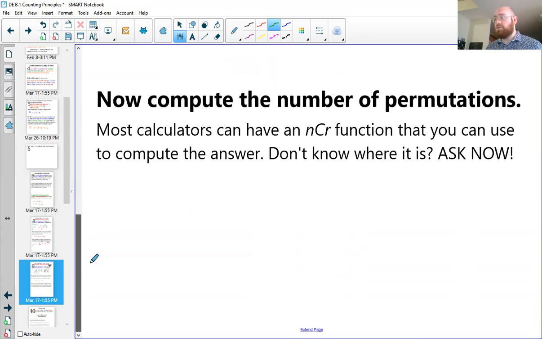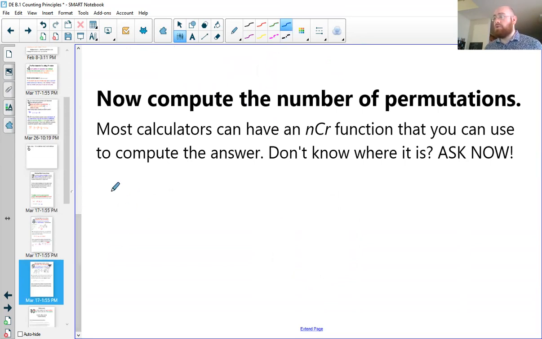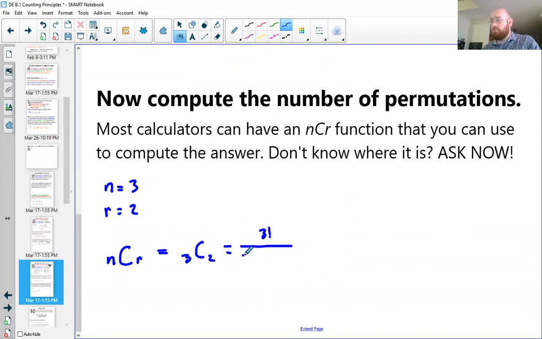Now we want to compute this. So as before, remember that n is 3, r is 2, and our formula for n choose r, so 3 choose 2, is n factorial divided by r factorial times n minus r factorial, which is 2 factorial.